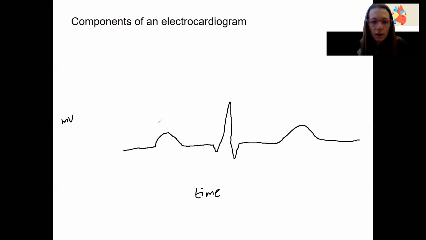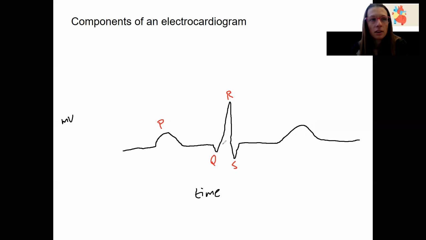Let's label these. This is our P wave. This is going to be depolarization of the atria. Then we're going to have our Q, our R, and our S time points here. This is called the QRS complex. Big old peak that's ventricular depolarization. And again, this is not measuring depolarization of individual cells, but the movement of electricity across the heart.